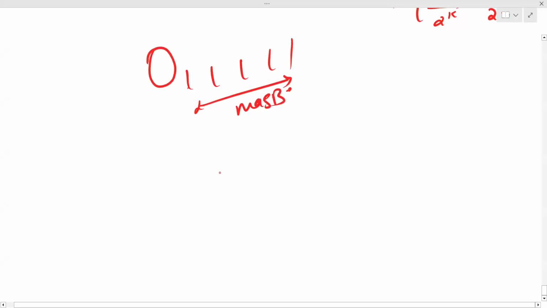So if you add 1 to this, this will give you k. So if x is this kind of number, my x plus 1 will always be divisible by 2 to the power k, right? So instead of finding these x plus 1s, we are finding how many numbers are divisible in L plus 1 to R plus 1.